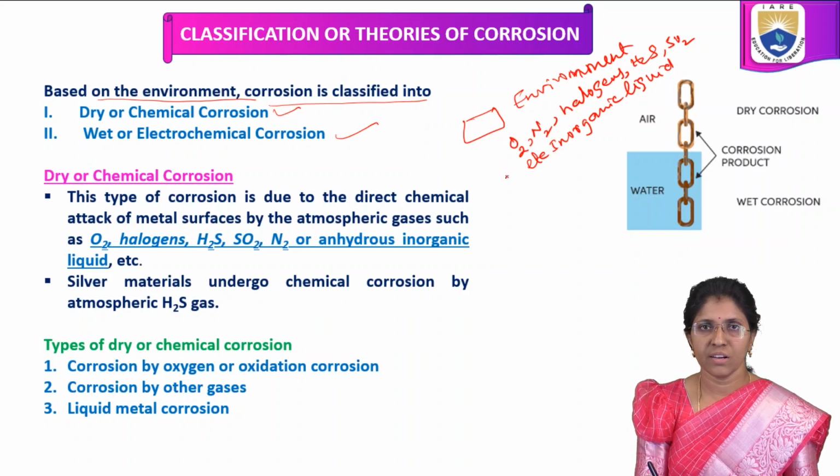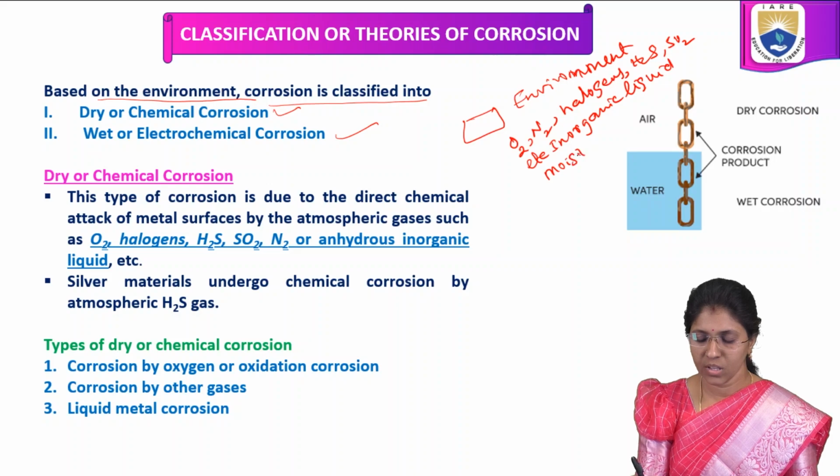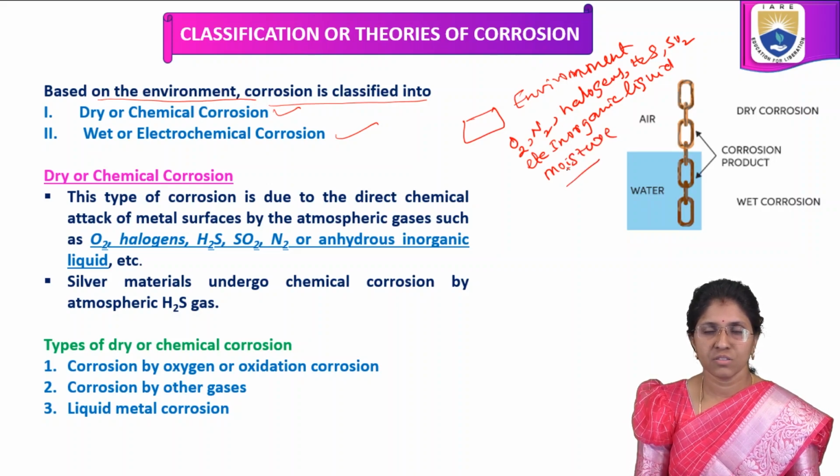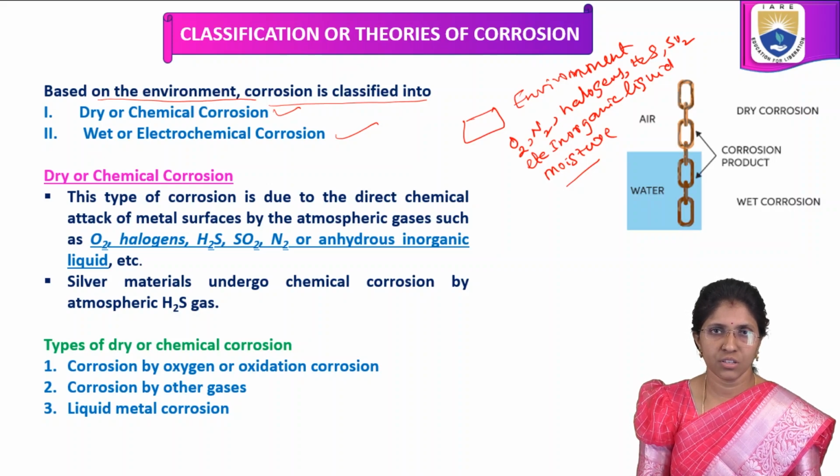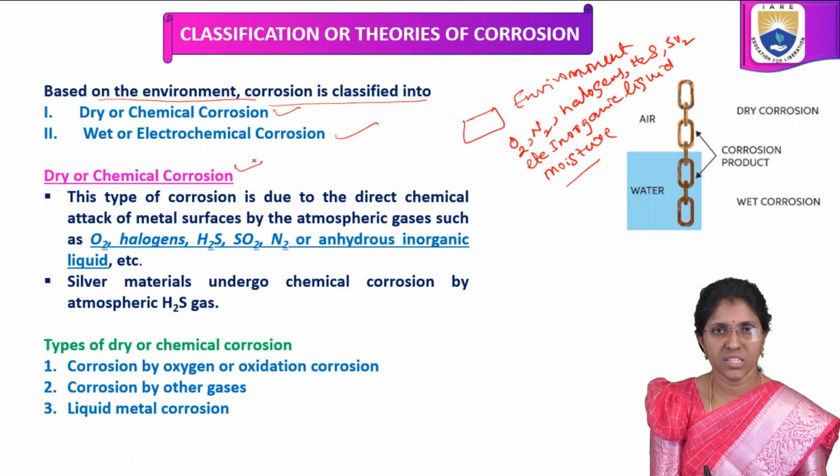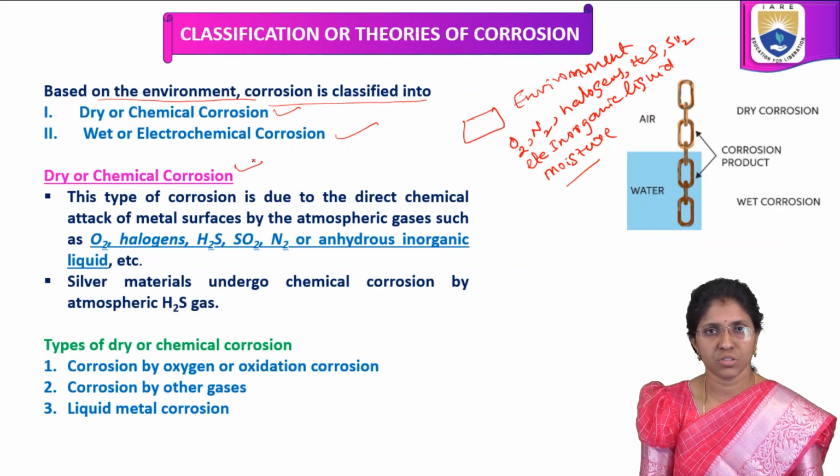So based on the environment and also moisture, corrosion is classified into two types: dry corrosion and wet corrosion. The first one is dry or chemical corrosion.